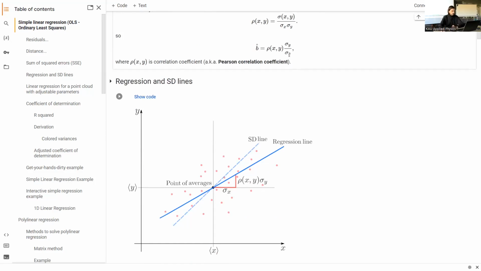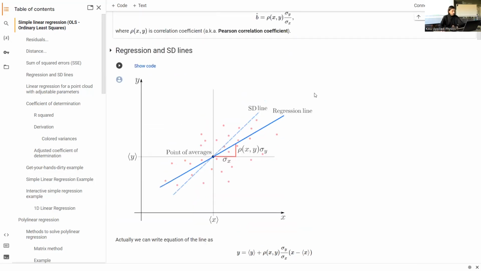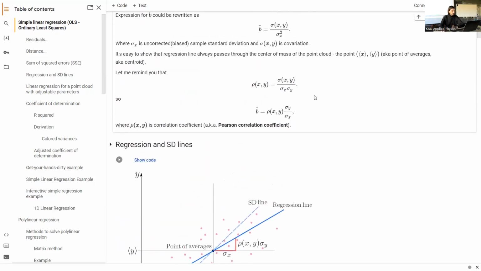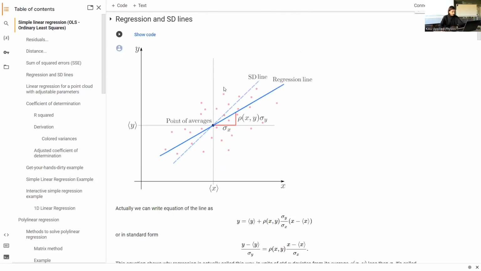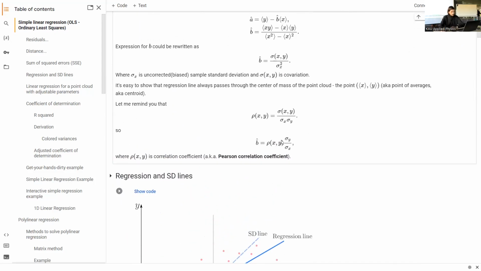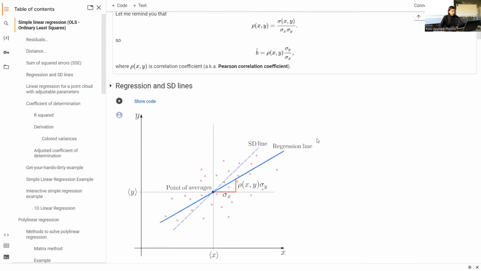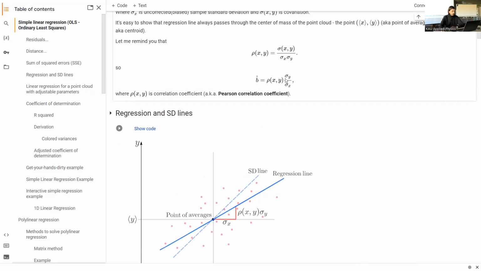Here you see some points scattered. I can draw a line, the so-called SD line, the standard deviation line. That's the line that I get if I don't have this rho. So I'm just drawing the line that has this sigma y divided by sigma x coefficient.